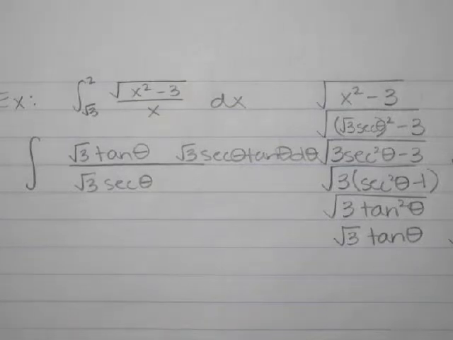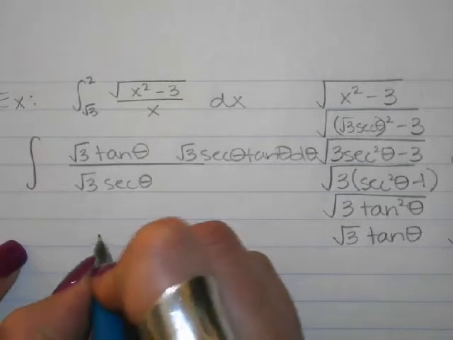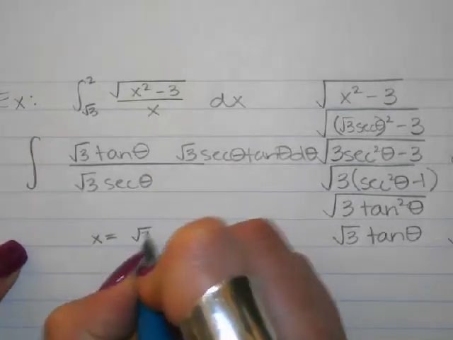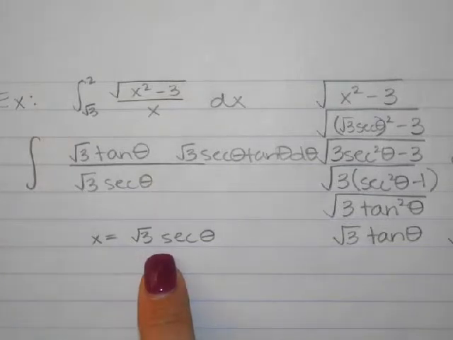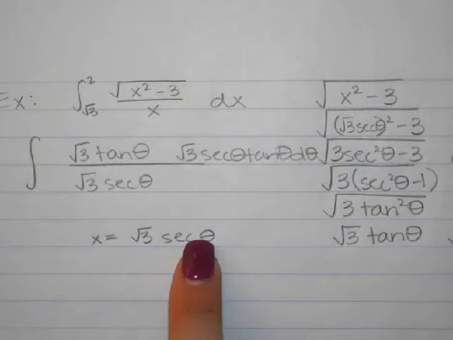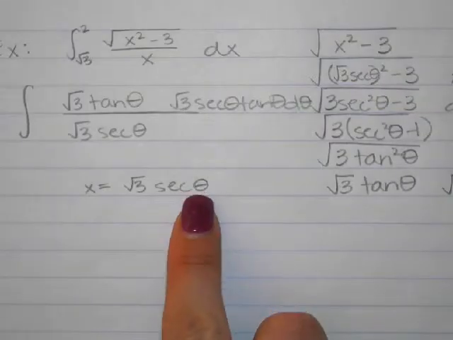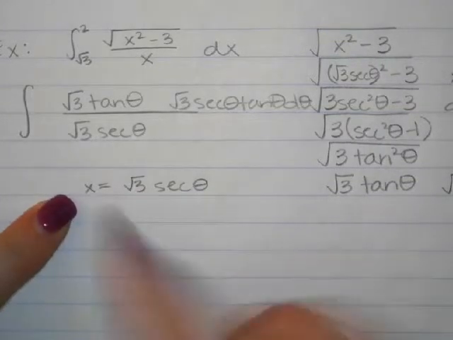Alright, so for us to change our bounds so that they're in terms of theta instead of in terms of x, what we need to do is take this and say if I plug in a specific x value, what value do I get for theta? So before we start plugging stuff in, we're going to want to isolate that theta. So I'll go ahead and divide by root 3.